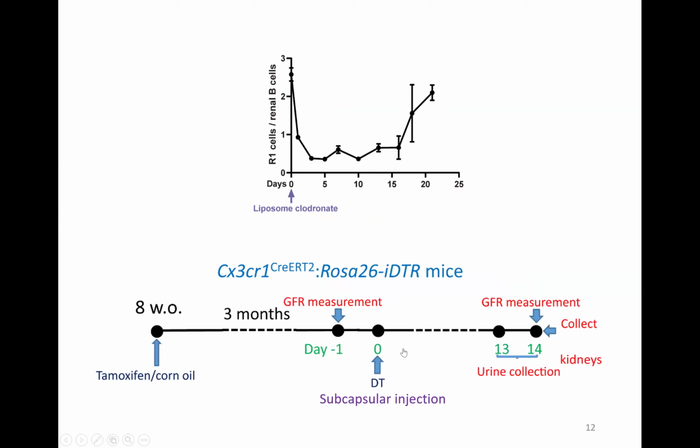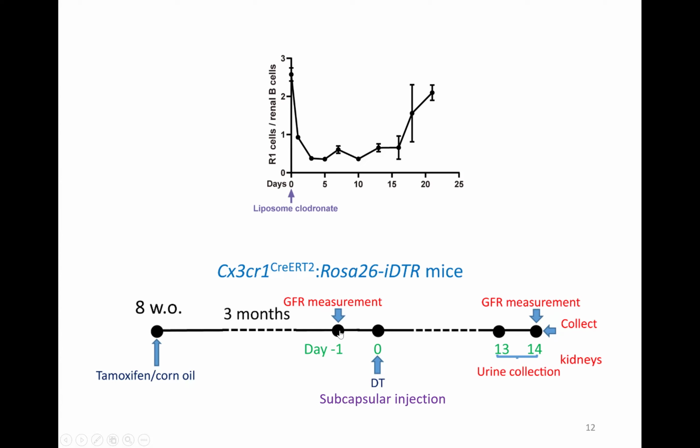To understand the effects of the self-maintaining macrophage on sympathetic nerve in the kidney, we made a mouse line which expressed diphtheria toxin receptor. This receptor is under the control of Cx3cr1 after inducing. We waited for over 3 months.